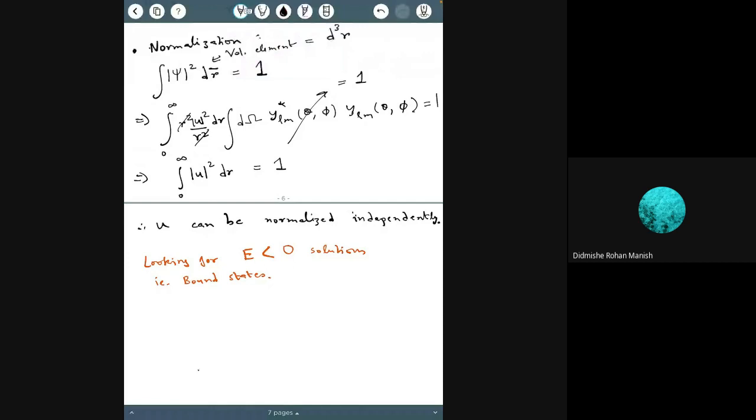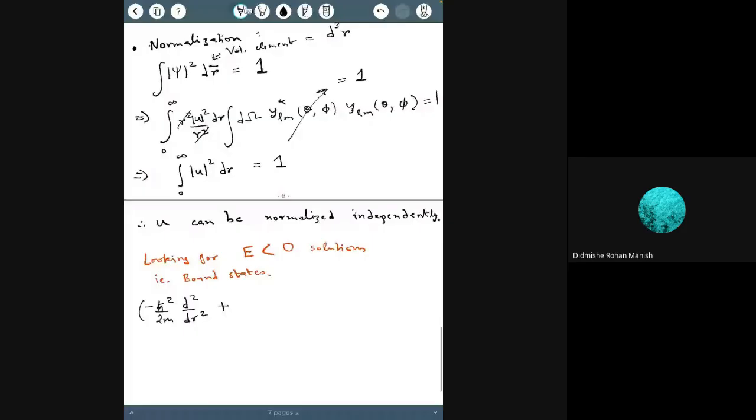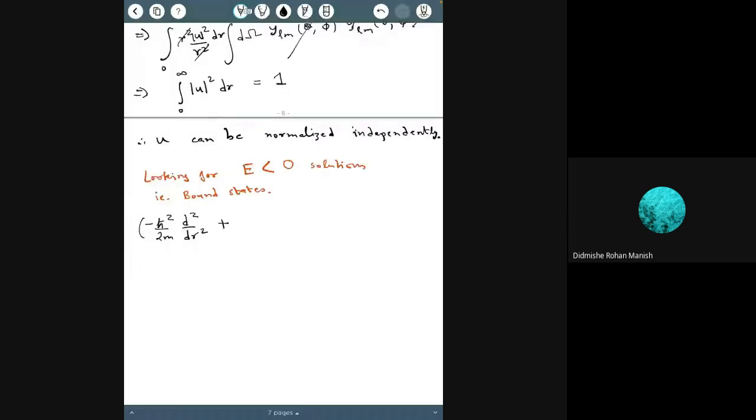We need to solve minus h cross square by 2m d square dr square plus... what's the h cross square here? But in the harmonic oscillator and in the particle in the box, we always said that E must be greater than 0 for any solution. Here we are saying the exact opposite. Yes. So why is that?